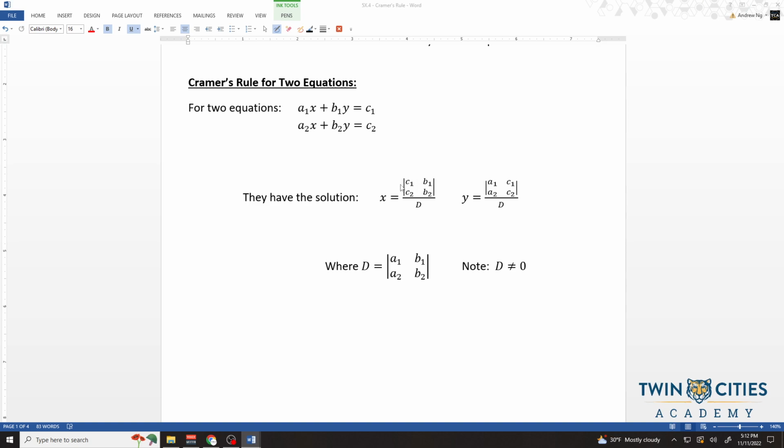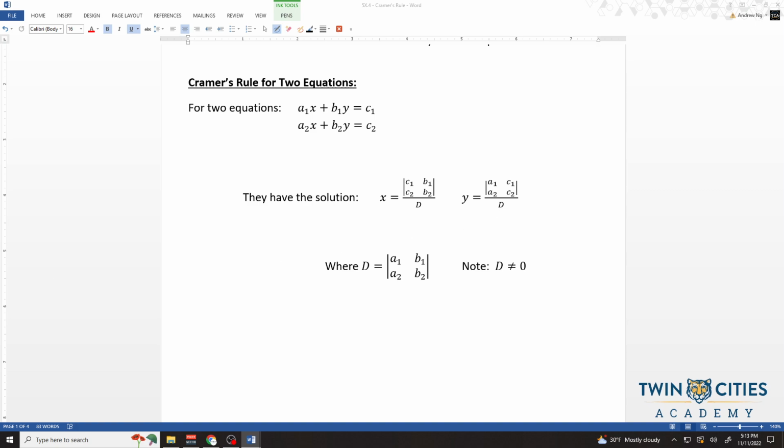I find this determinant, divide by whatever D is. And if I'm looking for y, take a look at this matrix. It's the same thing, only I've replaced the B's with C's. So if I'm looking for y, I replace the coefficient on y with my constants, with c1 and c2. I find whatever the determinant of this is, and I divide by whatever we find for D.